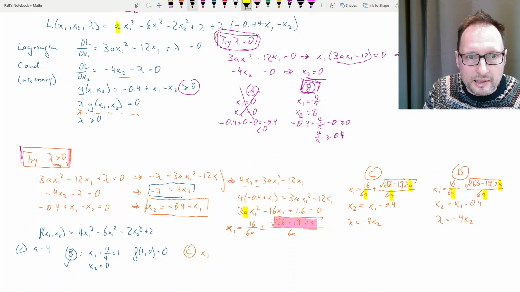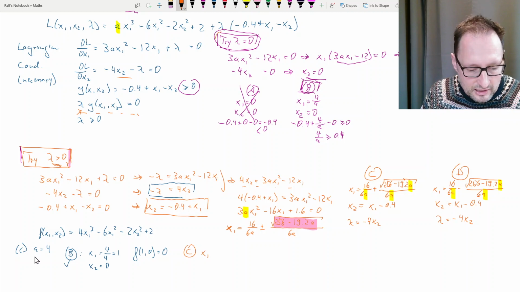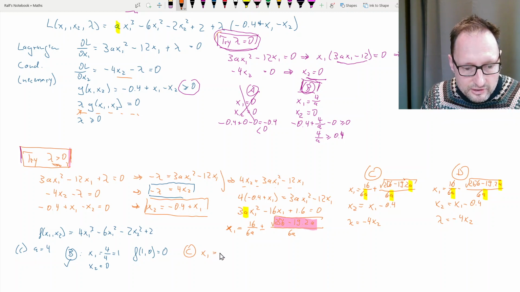We can now plug in our value of A equals 4. If you do so, and I'll spare you me typing on a calculator, but you can confirm that, x1 is 1.2244. x2 will be that value minus 0.4, so that will be 0.8244.